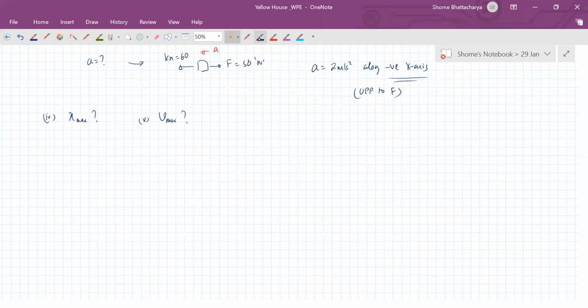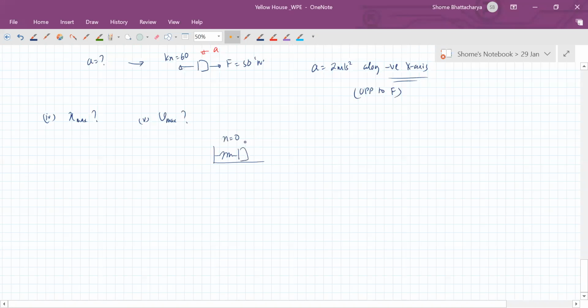Okay, so see, so far what we are observing that when x was 0, the block had an initial acceleration of 10 meters per second square. Okay. Then we are seeing that by the time x is becoming 2, its acceleration is becoming 2 meters per second square.